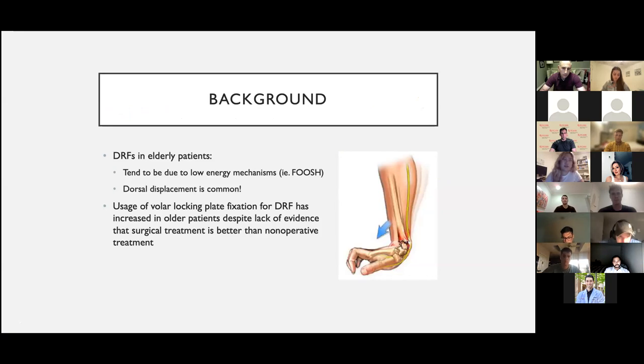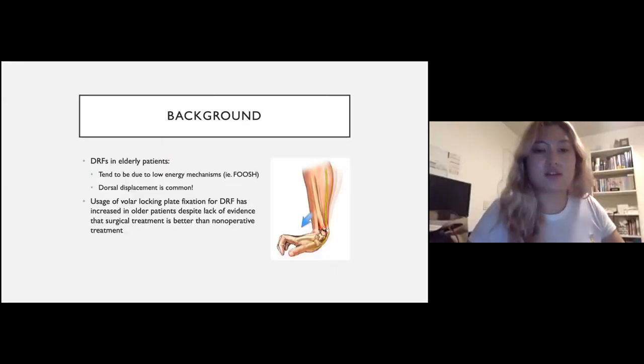A big difference between DRFs in elderly patients is that they tend to be lower energy mechanisms, the most common being falling onto an outstretched hand. So dorsal displacement is very common. And like other people have mentioned, rates of osteopenia and osteoporosis are higher. So that definitely is a consideration.